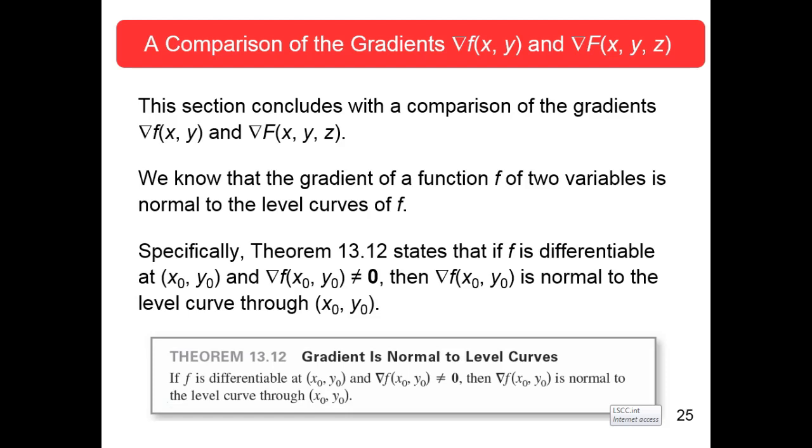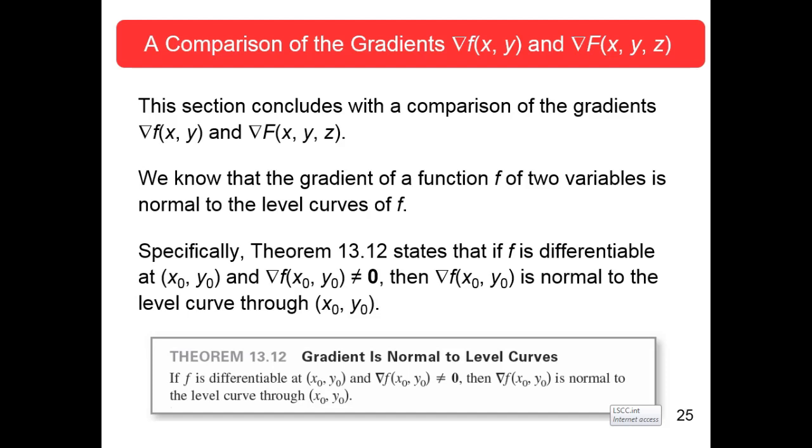Specifically, Theorem 13.12 states that if f is differentiable at x0, y0, and del f is not the 0 vector, then the gradient vector at x0, y0 is normal to the level curve through the point x0, y0.